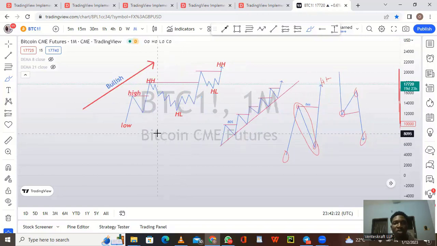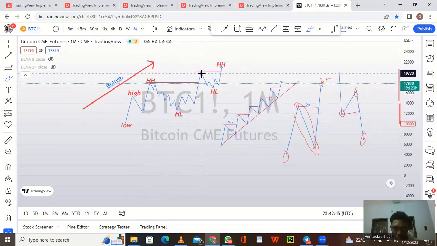So for a market to switch from being a bullish market to a bearish market, there must be a change of character, or a shift in the market structure. So all you're seeing here is just a complex pullback. And at the end of it all, the market will still go in the desired direction, which is what? To create a new higher high.